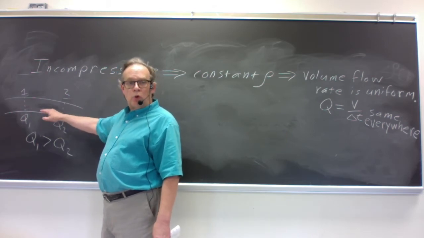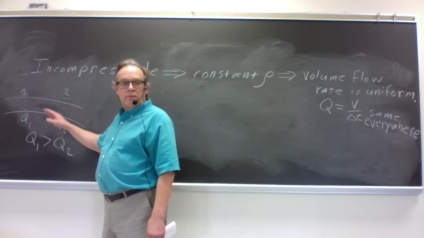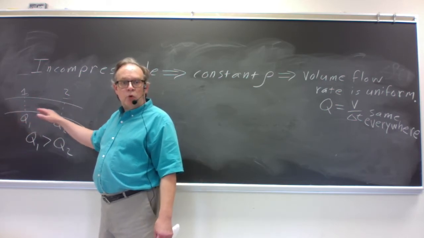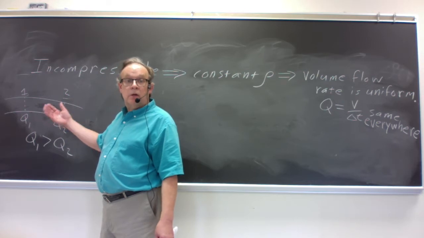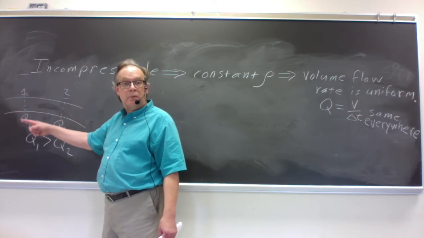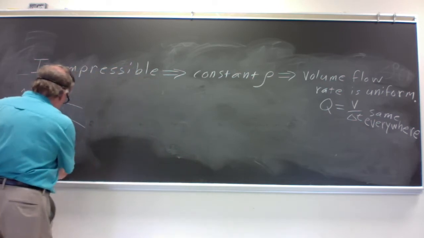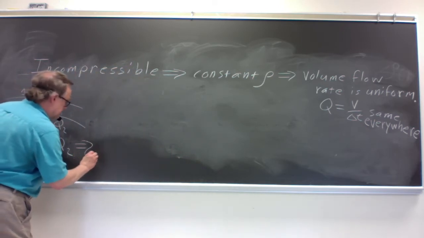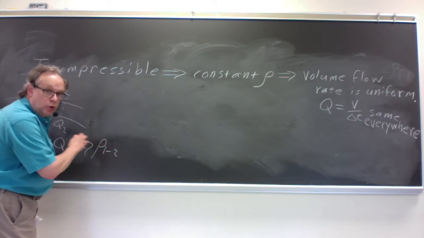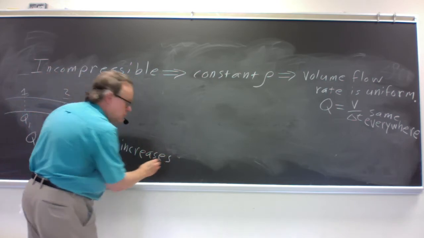That means more and more fluid would pile up in this volume. This volume stays the same, but you have more and more mass piling up in this same volume. If this were true, then the density of the fluid between point 1 and point 2 increases.